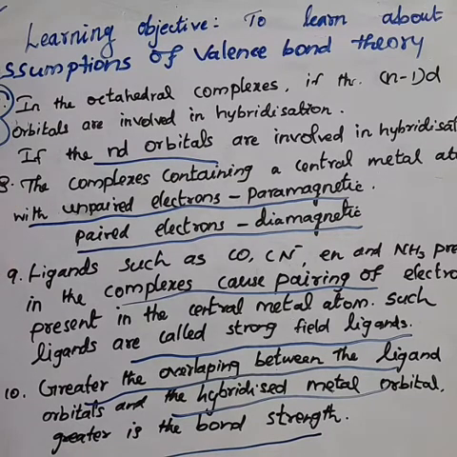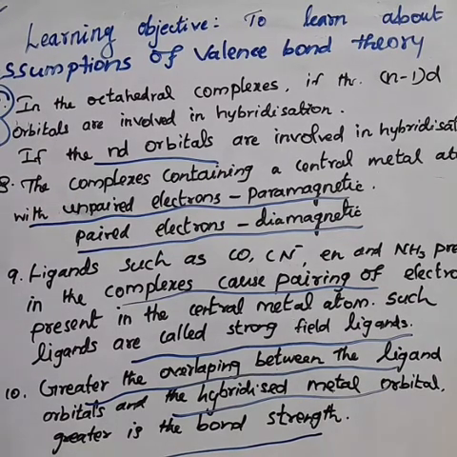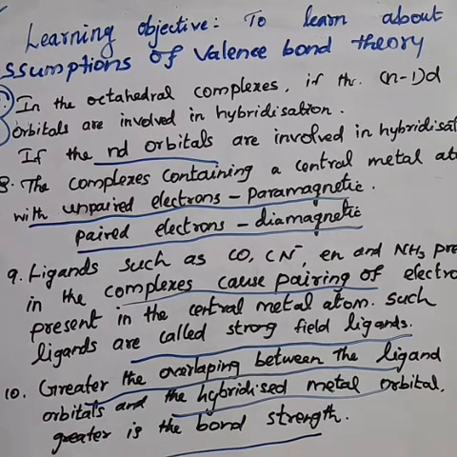If nd orbitals are involved, it is called an outer orbital, high spin or spin free complex. Next, the 8th point: a complex containing central metal ions with unpaired electrons is paramagnetic, and if the electrons are paired, it is diamagnetic in nature.